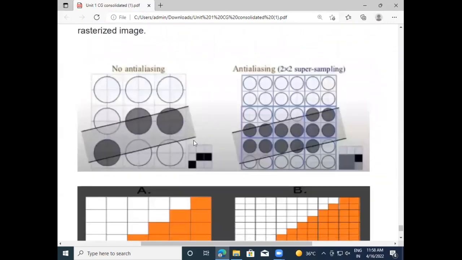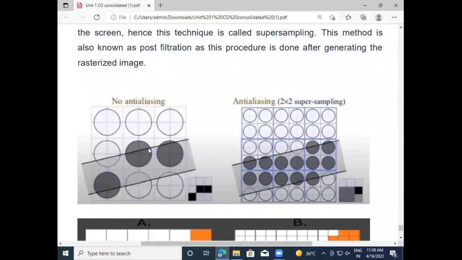Just like here in this case, if you look here, this is the case with no anti-aliasing. Basically this is the pixel, and this pixel is surrounded by its neighbors, so whatever is the intensity at the center, that is scattered among all these.